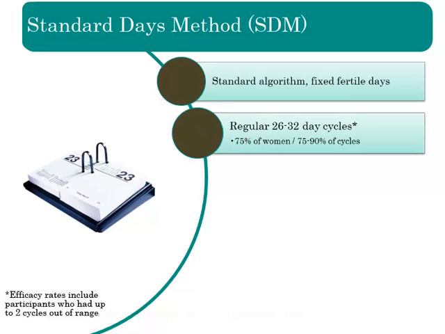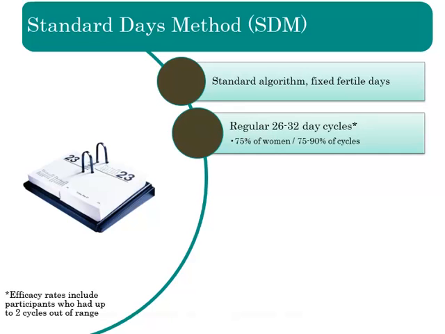These days are identified based on understanding the fertile period in women with regular cycles of 26 to 32 days. That might sound narrow, but 75% of women have 26 to 32-day cycles, and 75 to 90% of all cycles fall within that range. The SDM is therefore suitable for a majority of women.